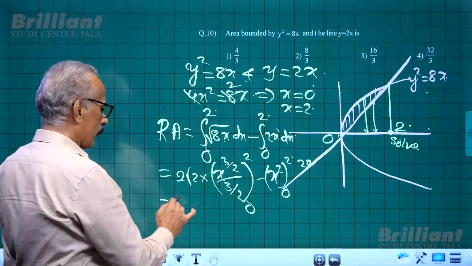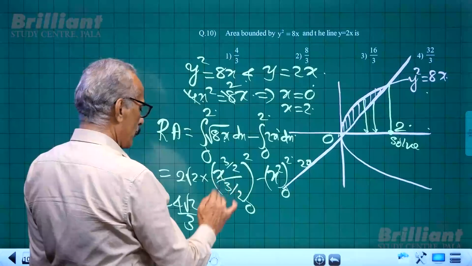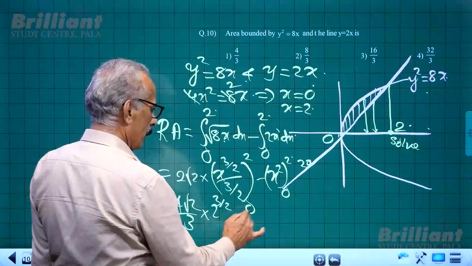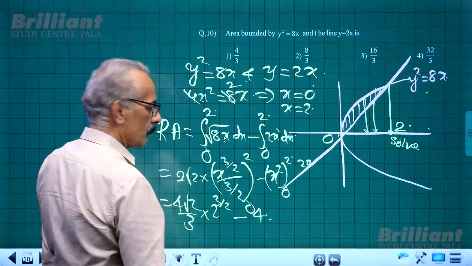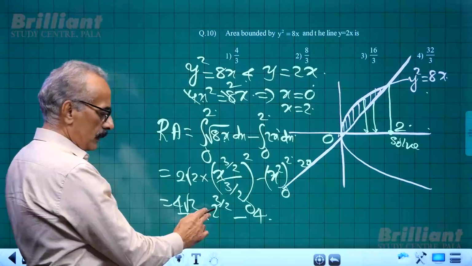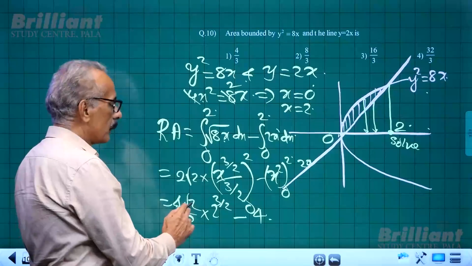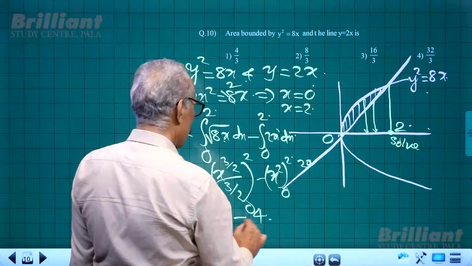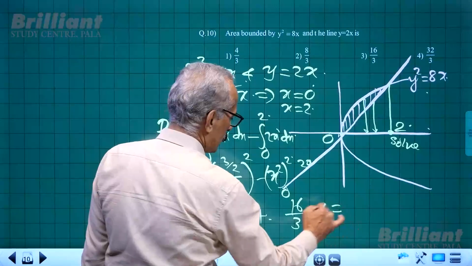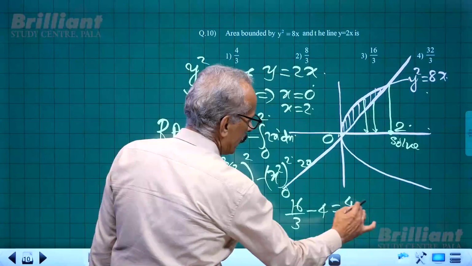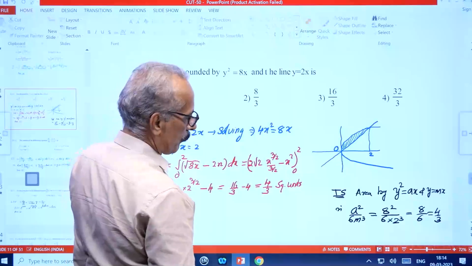This will become 4 root 2 by 3 into 2 raised to 3 by 2, minus 4. This is 2 root 2, so 8 root 2 into root 2 is 16 divided by 3, minus 4. That's equal to 4 divided by 3 square units.